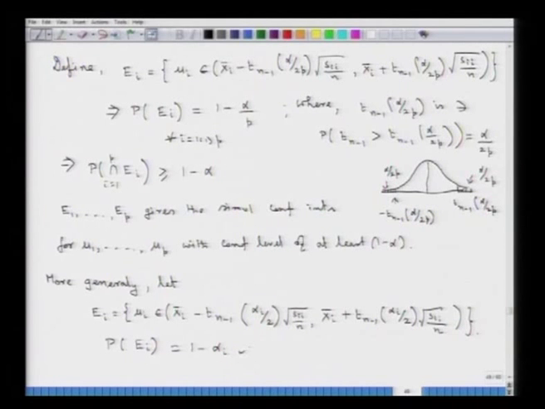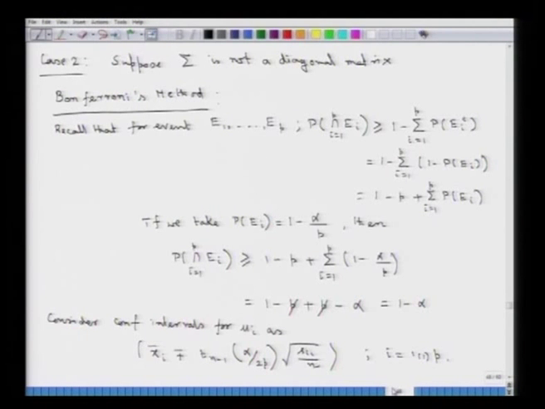Hence the total area to the right and to the left would be alpha_i, and the area in between the two cutoff points would be 1 minus alpha_i. This is for i equal to 1 up to p. Now alpha_1, alpha_2, up to alpha_p are different, with a restriction.